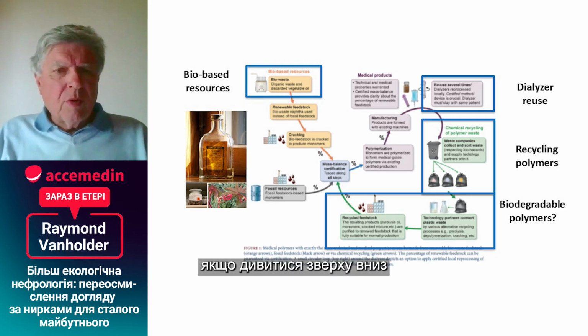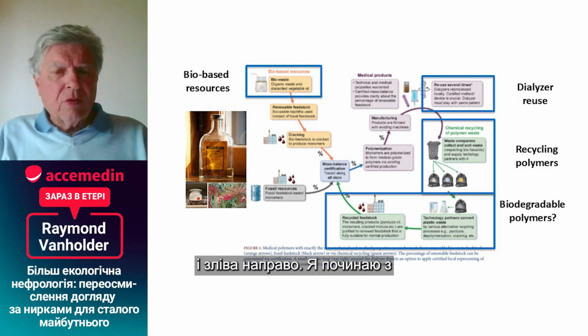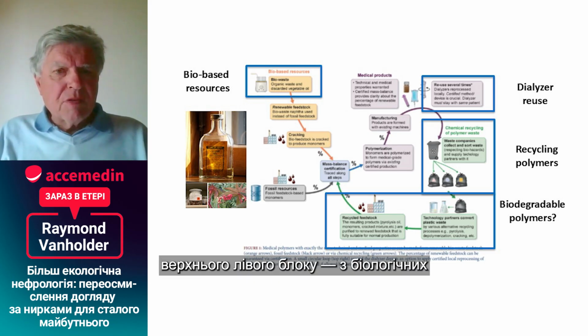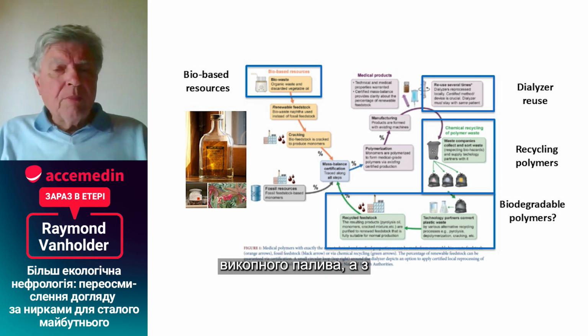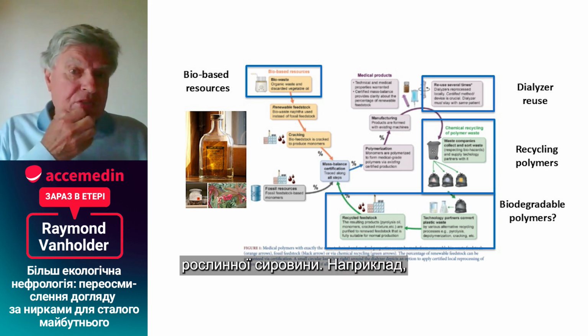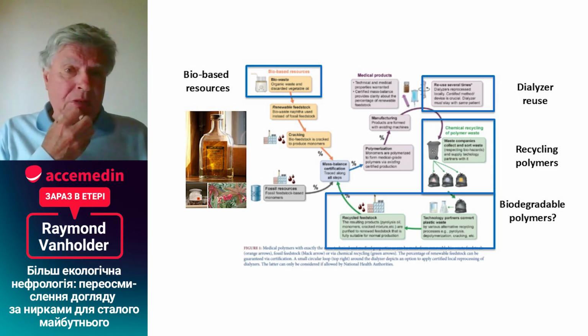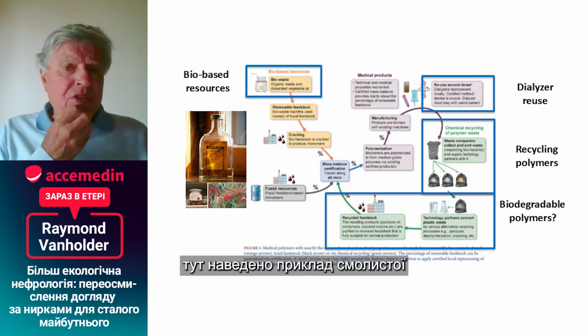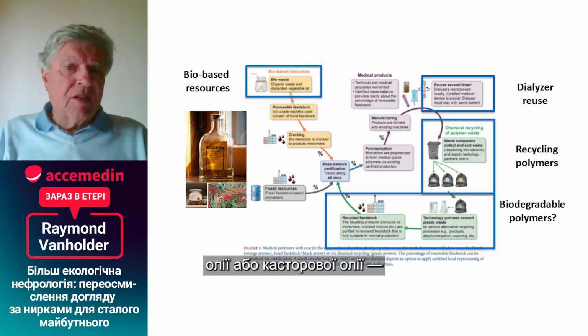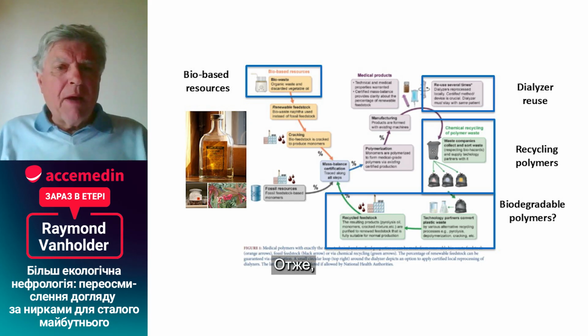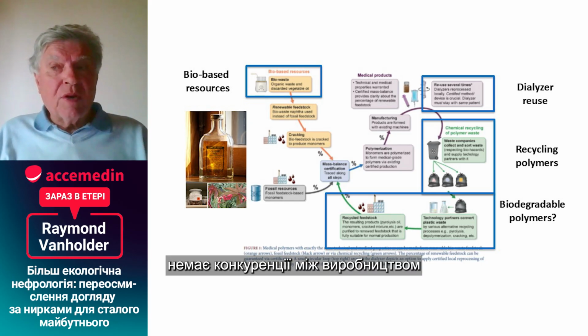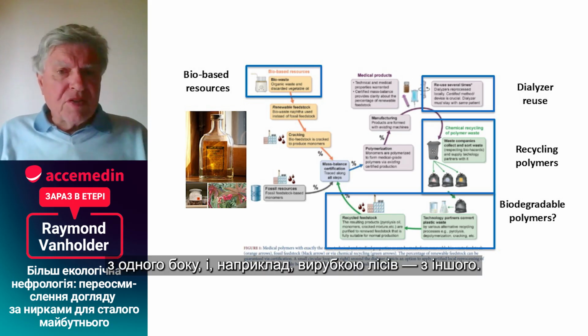If we go from the top to the bottom and the left to the right, I start on the upper left side with bio-based resources, that is making polymers not from fossil fuel, but from plant fuel. For instance, here the example of resinous oil or castor oil, which is produced from plants that are growing on very arid ground. So there is no competition between the biofuel making on the one hand and, for instance, the destruction of forests.